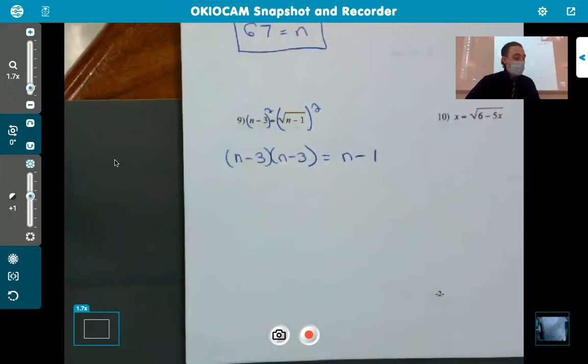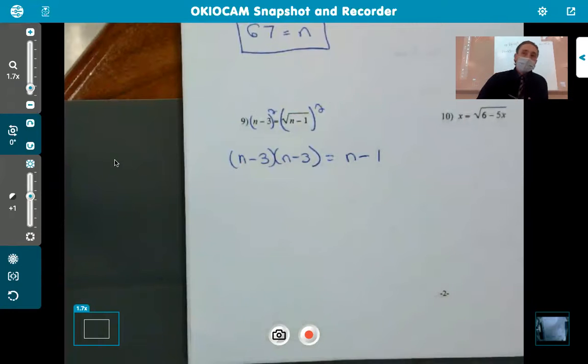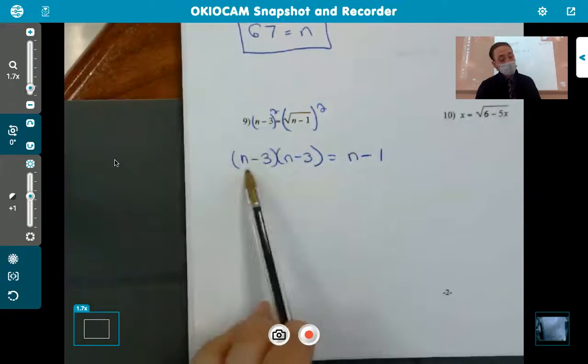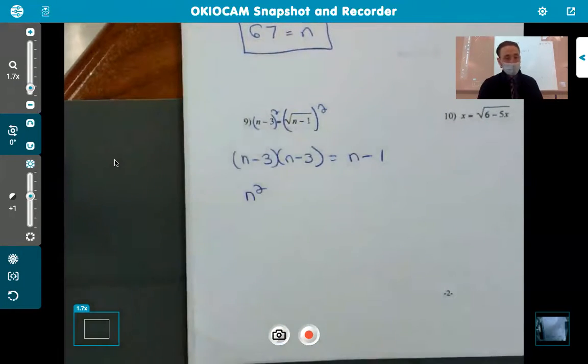Well, a lot of times when we see a binomial, so that 2-term expression multiplied by a binomial, what process do we need to go through in order to simplify the left-hand side? Foiling. Good. Exactly. So foiling, remember that stands for first, outer, inner, last. So if I multiply the first terms together, n times n gives me n squared.